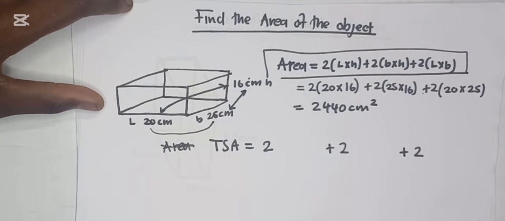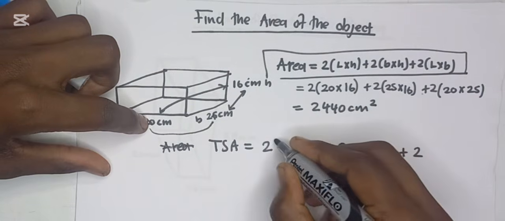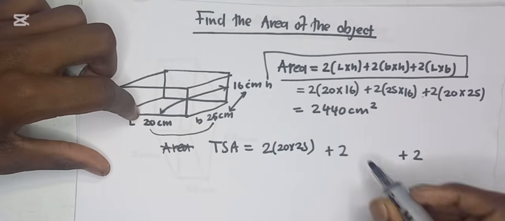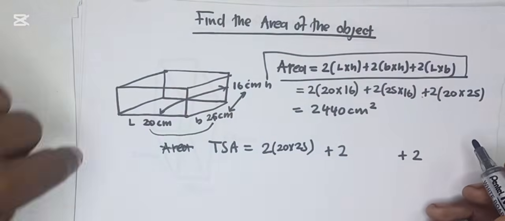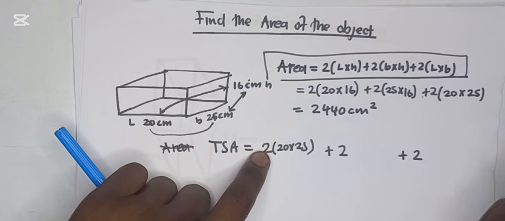That way, even if you forgot the formula, you will easily find the answer you are looking for. First, you take this one and multiply by this one, so you say 20 multiplied by 25, and you say plus 2. Each 2 that is here represents the 2 pairs of equal rectangles.